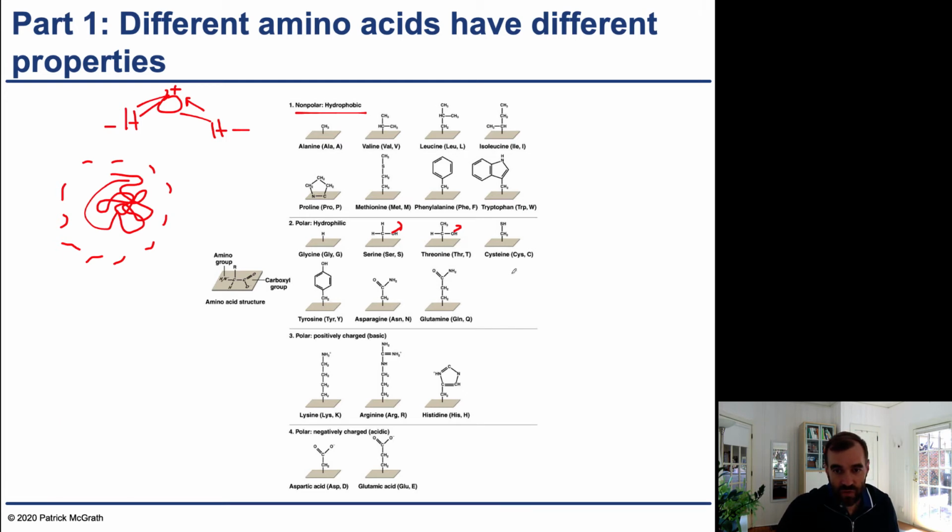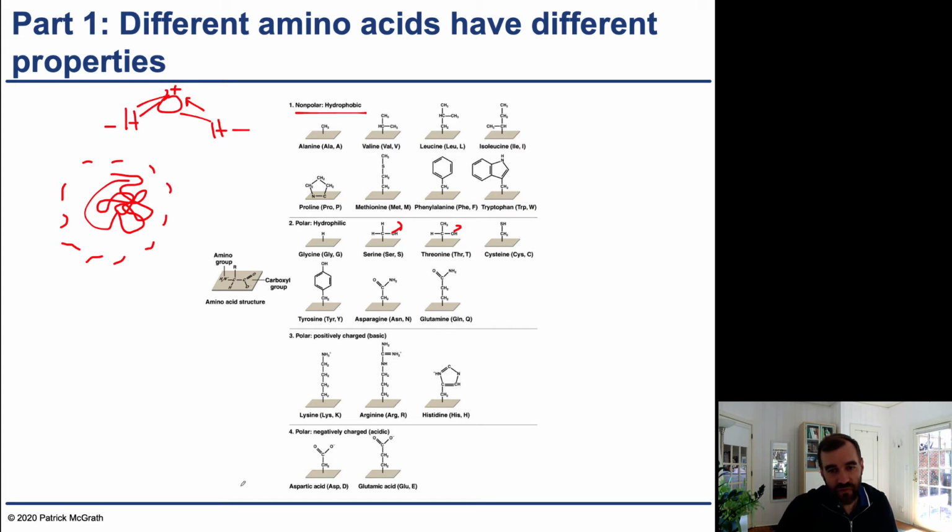So you're certainly not expected to memorize all of these different residues, but you should be aware of the different principles that allow us to categorize them into these different ways. And you might notice different textbooks, different websites have slightly different categories for the different amino acids.